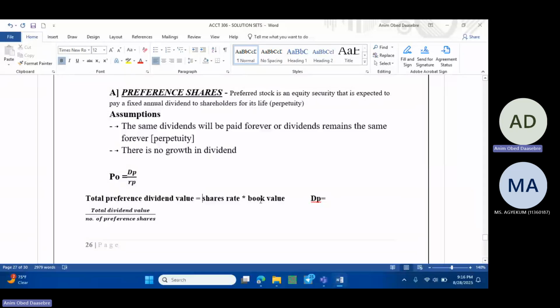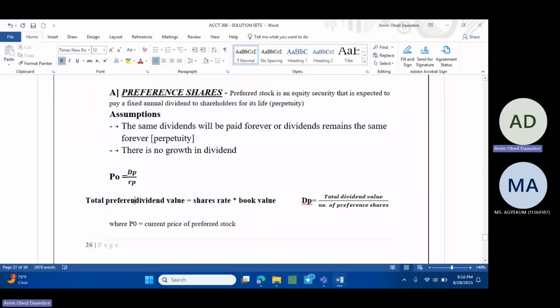When you multiply that, you get your total dividend value.